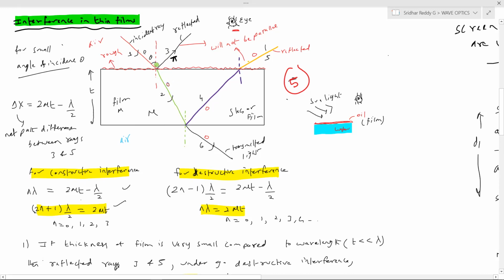Then look at this. The incident ray is in air, and what about the reflected ray? The reflected ray is reflected by a denser medium. So what is this medium? Air refractive index is almost equal to 1. What about this film? It has mu greater than 1. So which will be denser, which will be rarer? The film will be denser and the air will be the rarer medium.